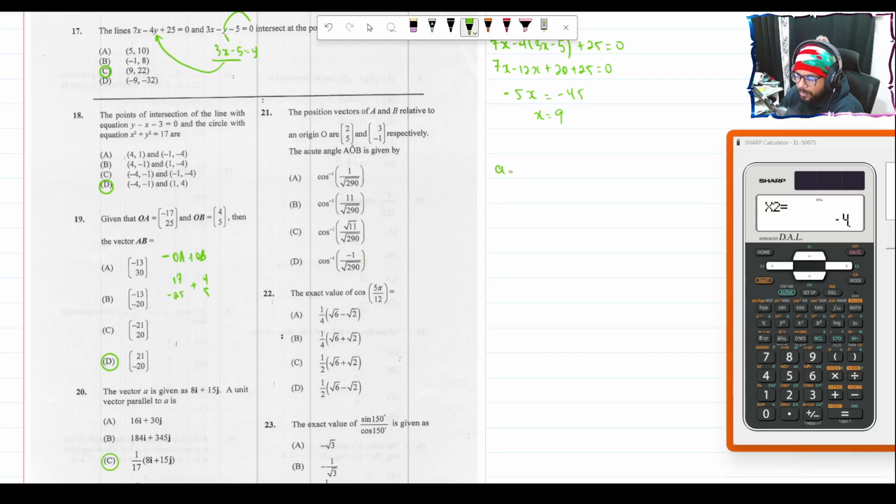If you remember, a dot b over mod a mod b is equal to cosine theta. Theta will be cosine inverse of this.